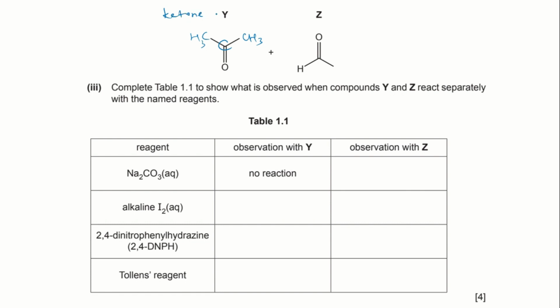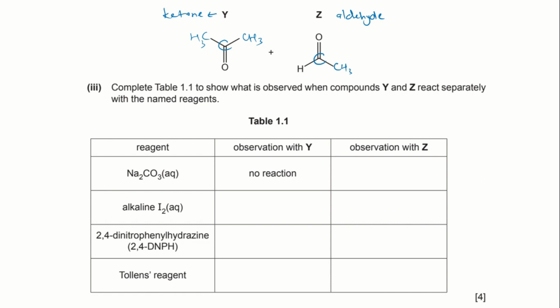Okay, let's look at the other compound Z. It has a C double bond O functional group as well. On the right hand side of this carbon, there's an alkyl group, but on the left hand side there's an H. So Z is also a carbonyl compound, but it is not a ketone, it is an aldehyde.